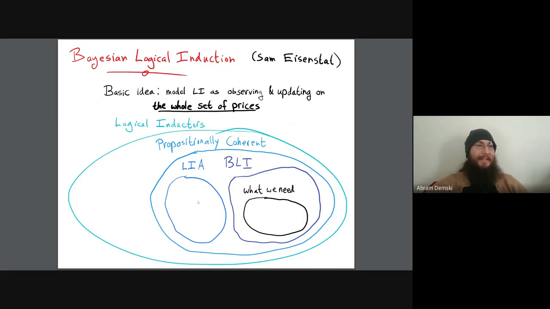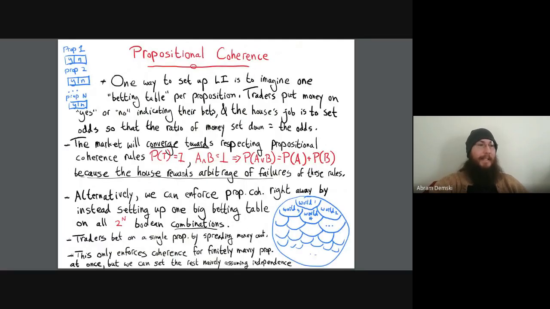This picture is now wrong, I apologize, but basically the logical inductors in general are not propositionally coherent, so it's more illustrative to investigate that case. You do not need to be propositionally coherent in order to satisfy the logical induction criterion, so it makes a lot of sense to focus on proving the theorem that holds for logical inductors in general.